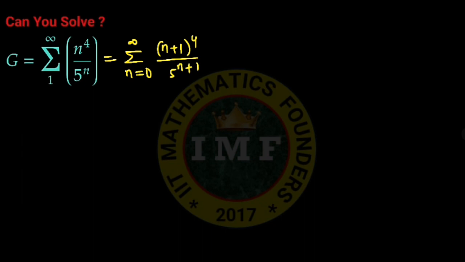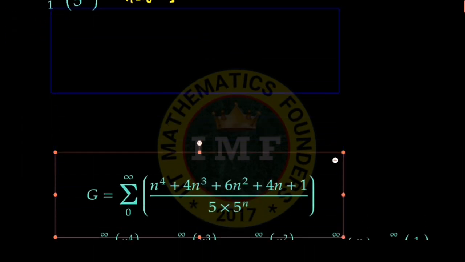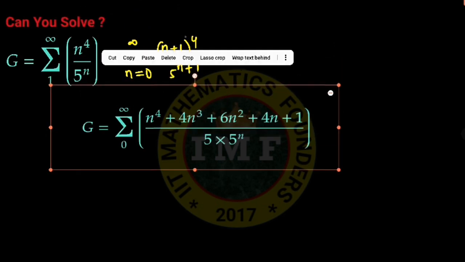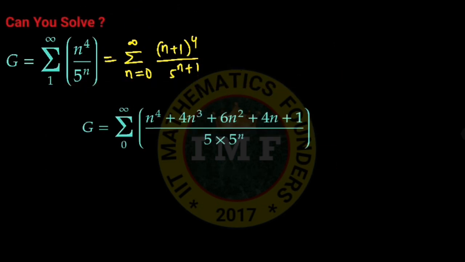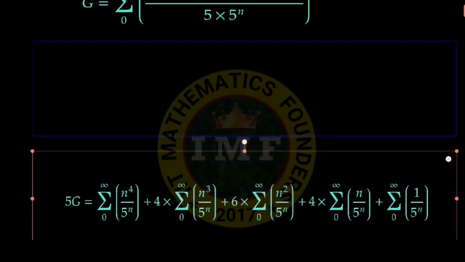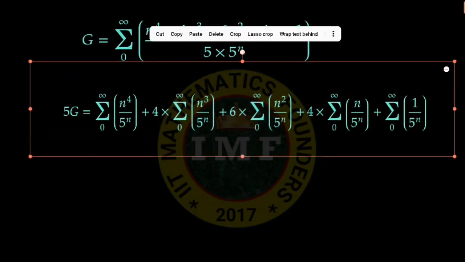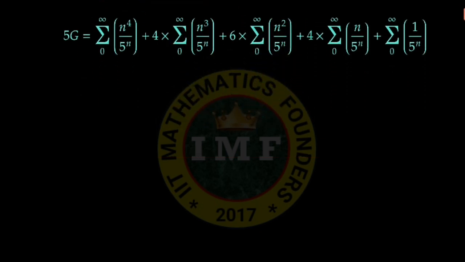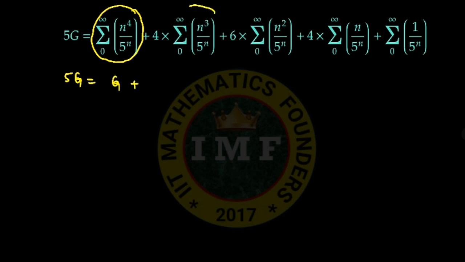Okay, on simplifying you are going to get this equation. On simplifying (n plus 1) whole power 4 you will get this equation. I think you can understand how I am writing this equation by expansion. So from this, the question itself is G, so G equals G plus this one I am taking as some capital B, so that is 4B.